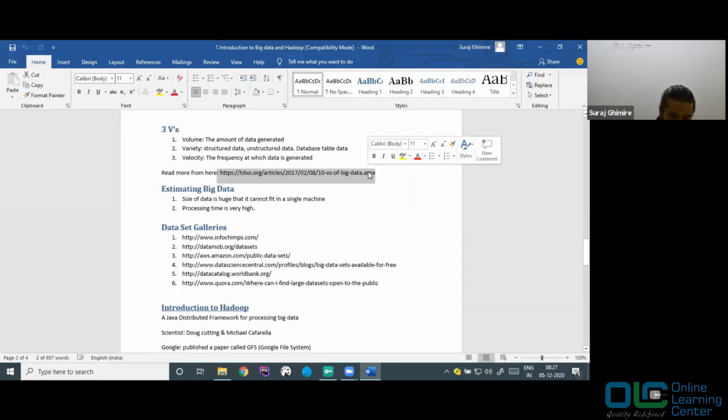But I'll not go about talking about those 10 V's. We are okay with the three V's. Volume means the data is generated every day and the amount of data is growing day by day. Variety means you will have structured data, unstructured data, semi-structured data, and so on. Velocity is the frequency at which the data is getting generated.